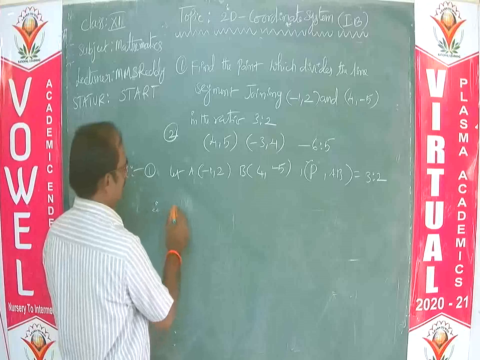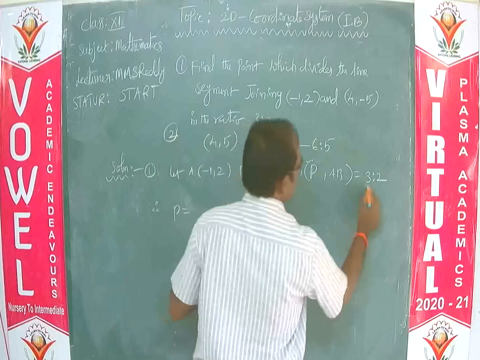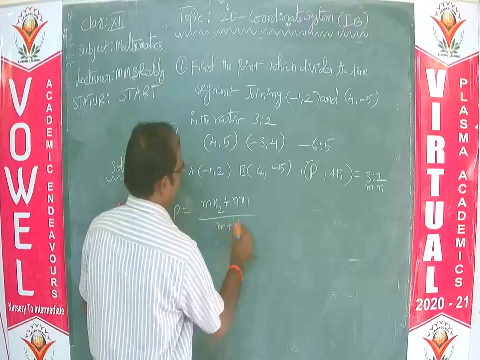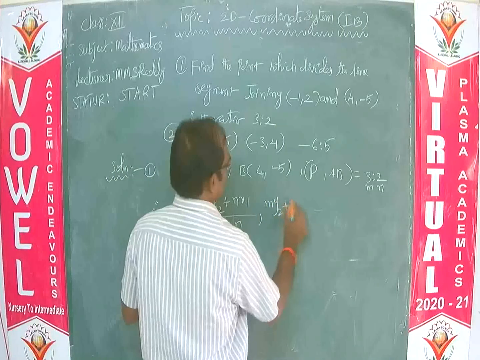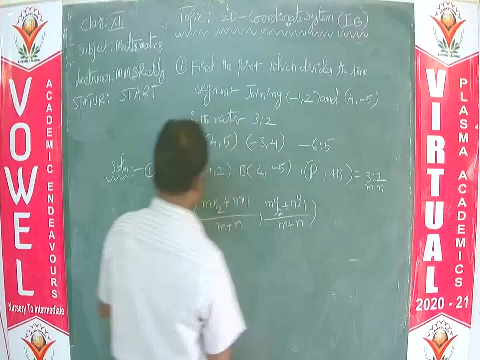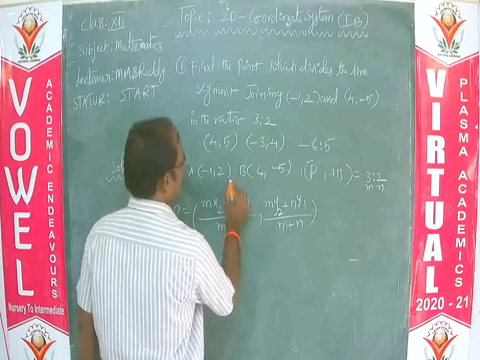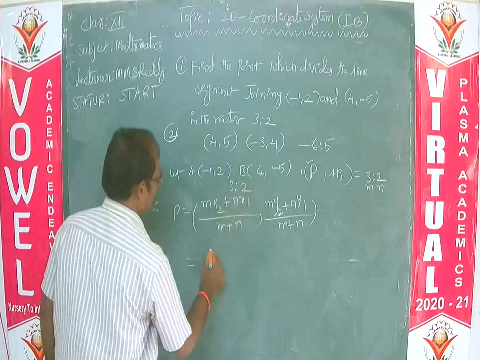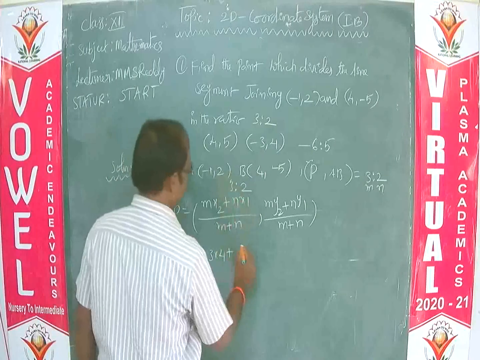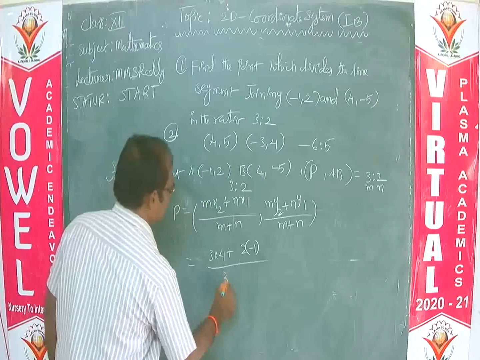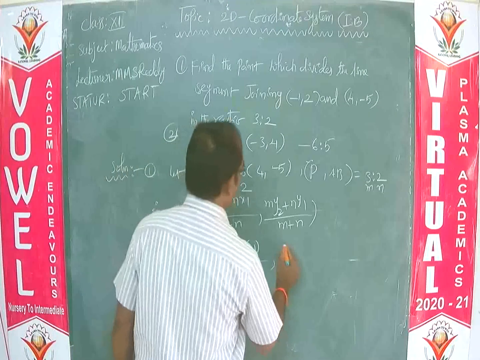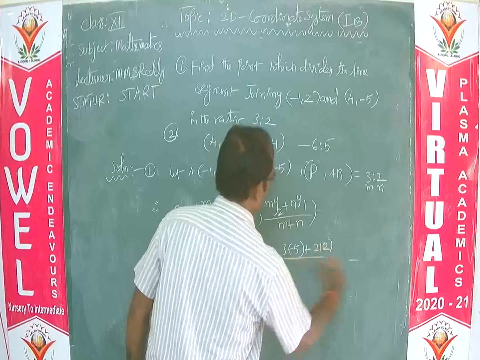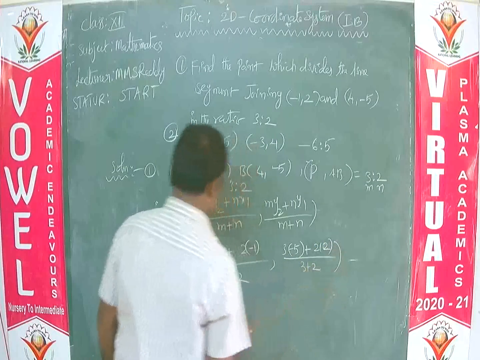Therefore, P is equal to the internal division formula: (mx2 plus nx1) by (m plus n), (my2 plus ny1) by (m plus n), where m is to n is 3:2. mx2 is 3 into 4, nx1 is 2 into minus 1, by m plus n, 3 plus 2. my2 is 3 into minus 5, ny1 is 2 into 2, by 3 plus 2.